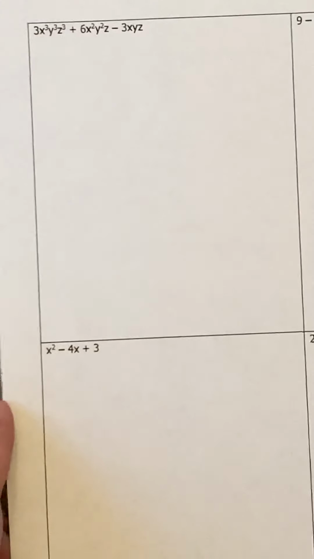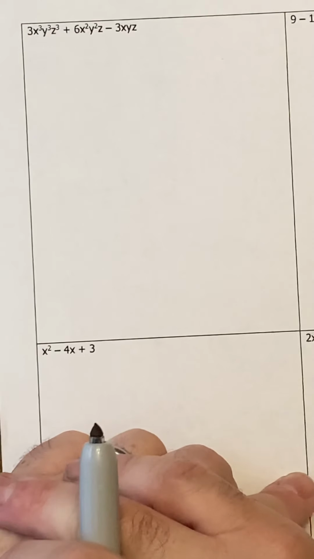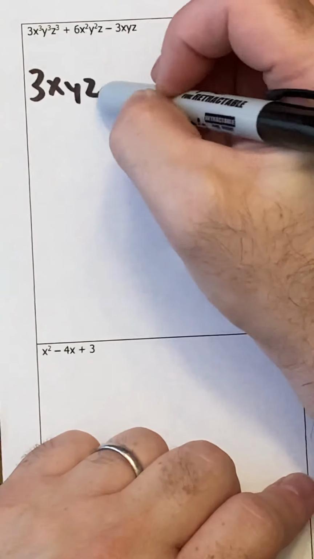Okay. Let's take a look at what we've got next. More factoring completely. Let's see how to do this one. Let's find the GCF. GCF looks like 3xyz. So let's pull that 3xyz out.